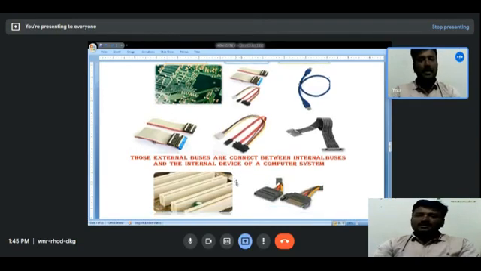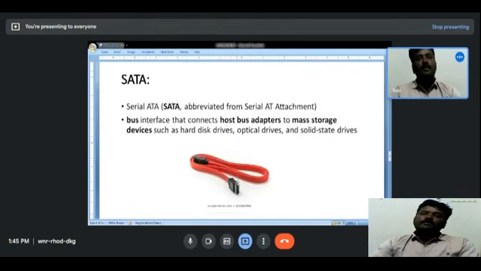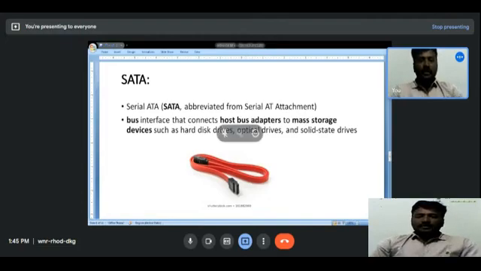Okay, so SATA. We can collectively say it as serial ATA. Okay, it is abbreviated as serial AT attachment. It is the bus interface that connects the host bus adapter to mass storage devices such as hard drives, optical drives such as CDs, and solid state drives.